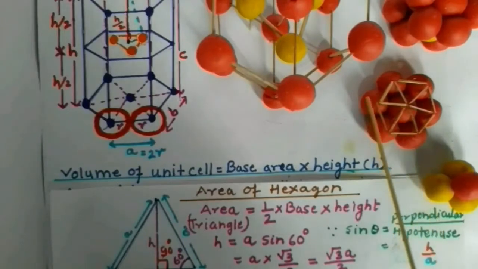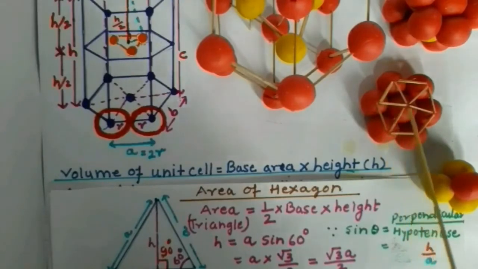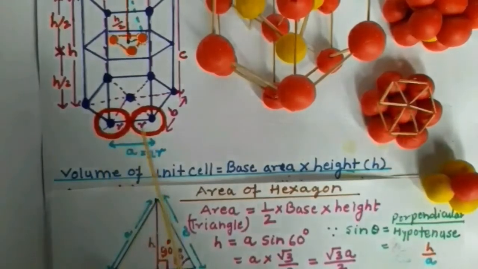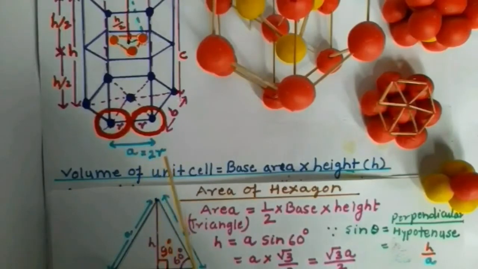All these three spheres touch each other. So the edge length will be equal to the side of this equilateral triangle A, and this will be equal to twice of R.